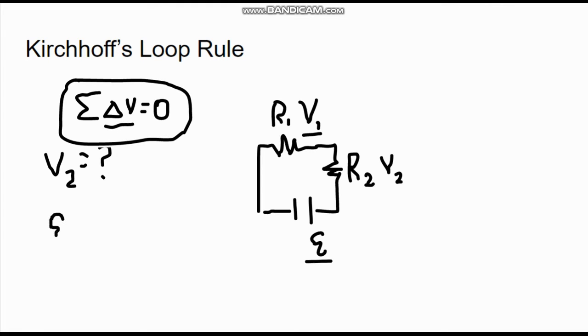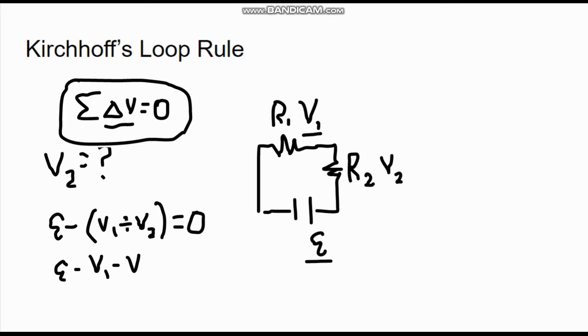So we can say that the total voltage minus V1 minus V2 should be equal to 0. And then we can just solve for V2 from there. And we get V2 is equal to the total voltage minus V1.